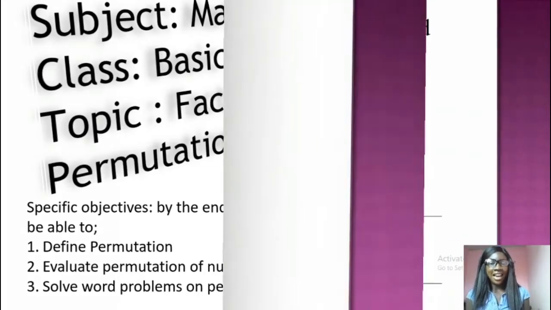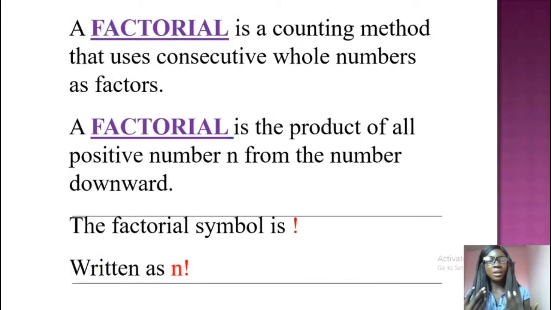So just a quick recap of what we discussed last time. Factorial is a counting method that uses consecutive whole numbers as factors, and it's also the product of a positive number downward. Our symbol of factorial is an exclamation mark. When we want to write factorial, we say n factorial.